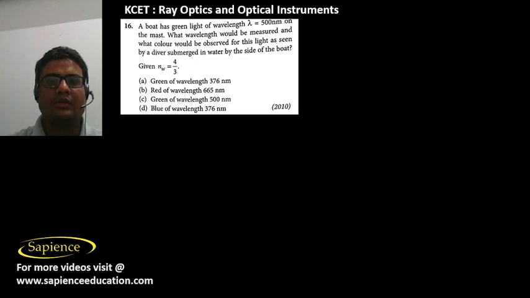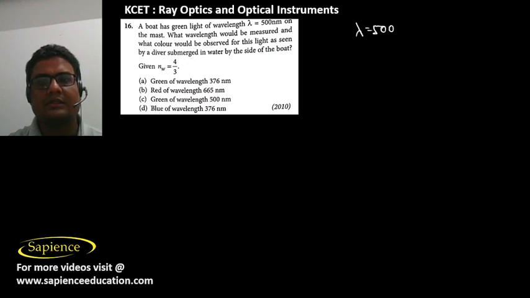Then a boat has a green light of wavelength 500 nanometer on the mast. So one boat is there, it is having one mast, and on it there is a green light of wavelength lambda, which is 500 nanometer.